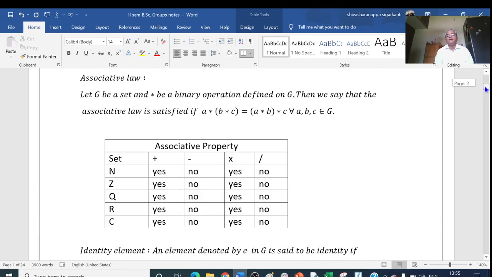So this is about the binary operation. And next we go for the associative law.